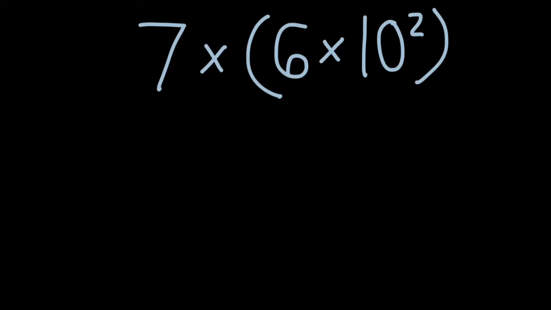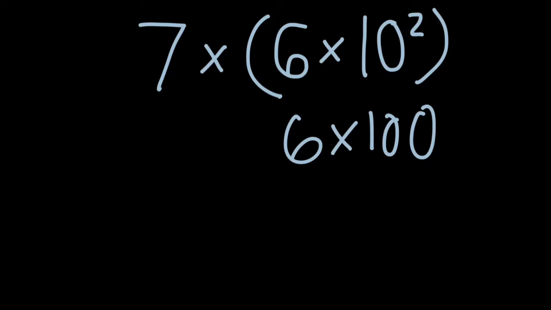Here's a slight variation of the previous problem. This one has the parentheses around the problem with the exponent. So you don't have to choose what you would do first. You would do the part in the parentheses. So I have 6 times 10 to the second power, which is 100. So 6 times 100 is 600.